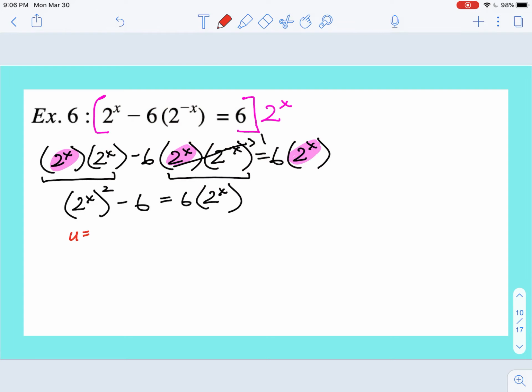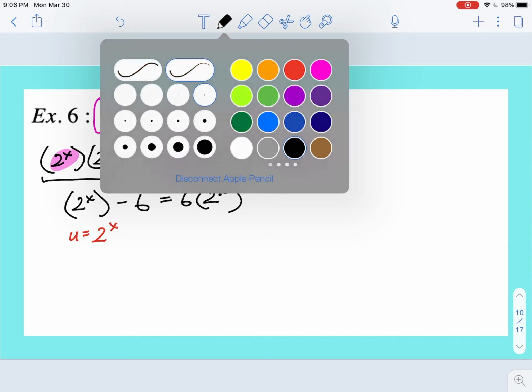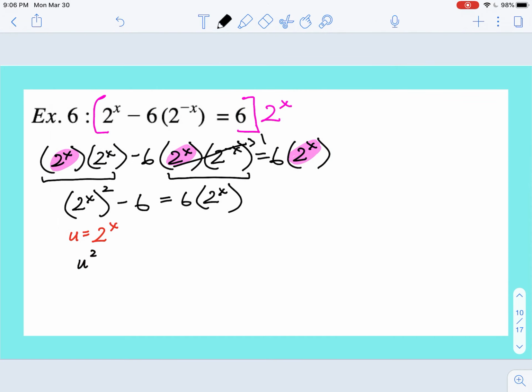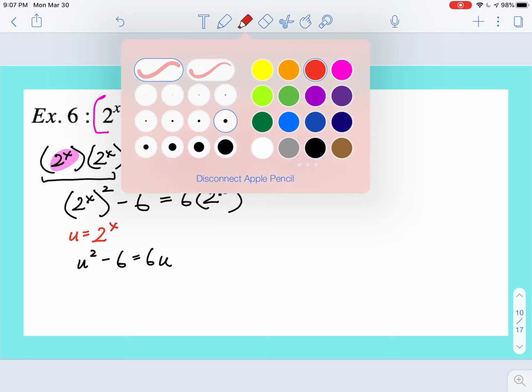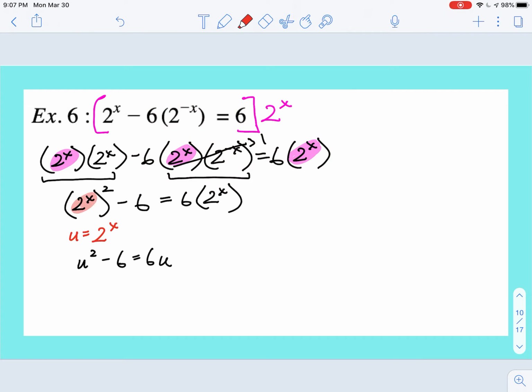I'm going to let u equal 2 to the x this time. What that gives me is u squared minus 6 equals 6u. Again, that comes from this 2 to the x squared becoming u squared, and this 6 times 2 to the x giving me 6 times u.